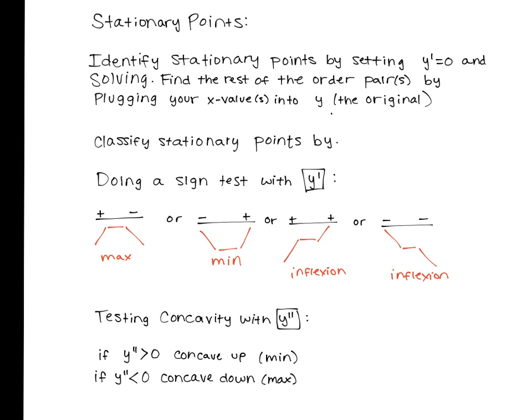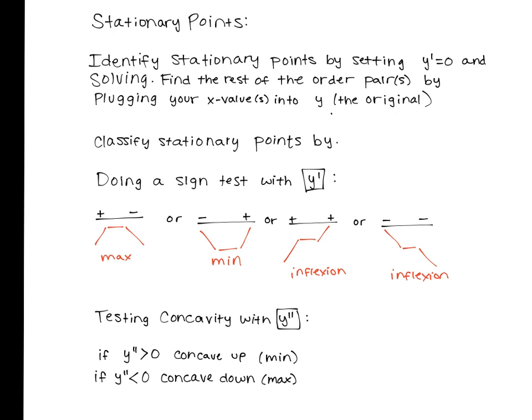And so we can go ahead and classify a stationary point. One of the ways to classify it is by doing a sign test with the first derivative. If we have a positive slope and then a negative slope, that's our local max. A negative slope and then a positive slope, that's our local min. Positive, positive, that's an inflection. Negative, negative, that's an inflection.